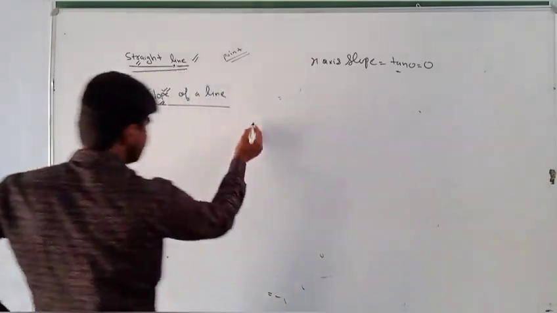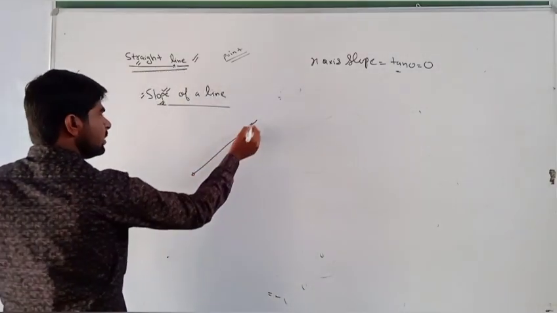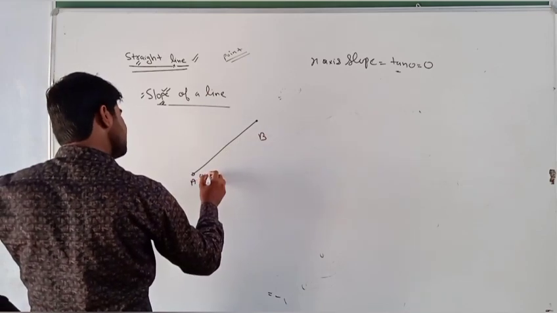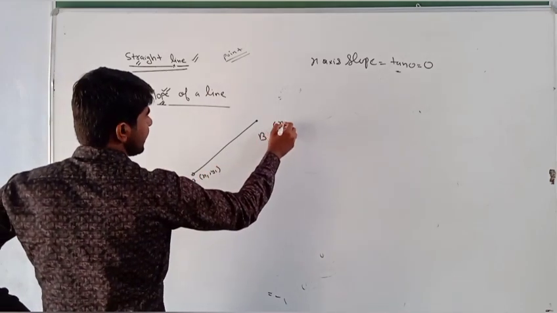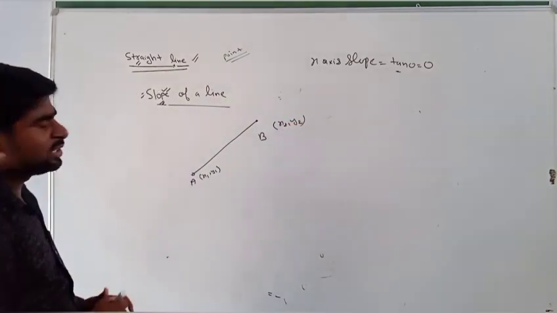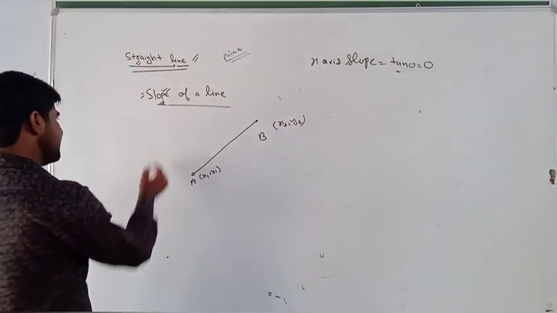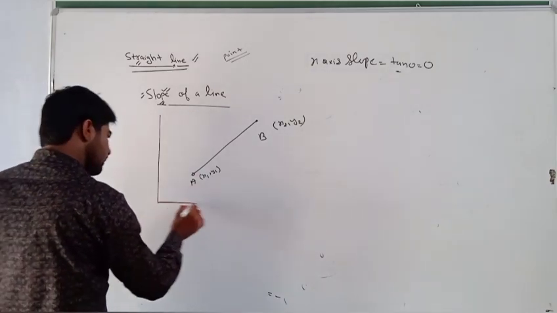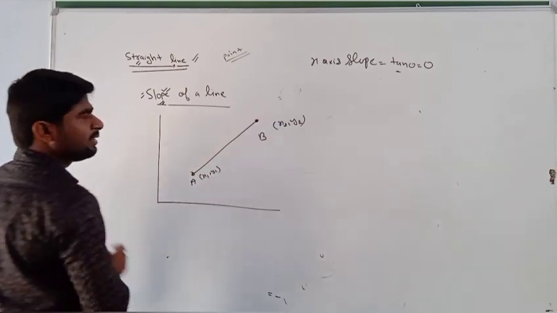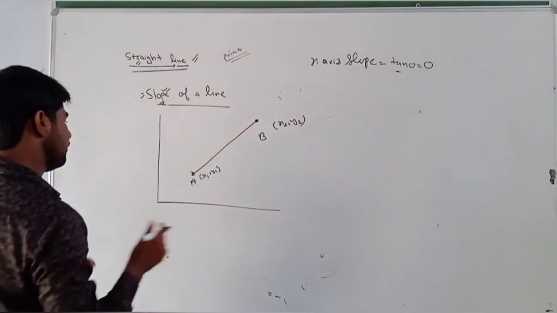If a line has two points on it, A and B, (x1, y1) and (x2, y2), and we want to find the slope of that line, first I will show you the concept, then you will directly see the formula.